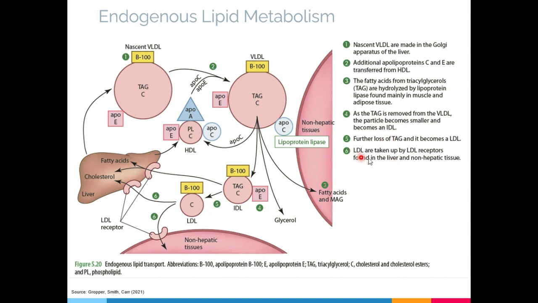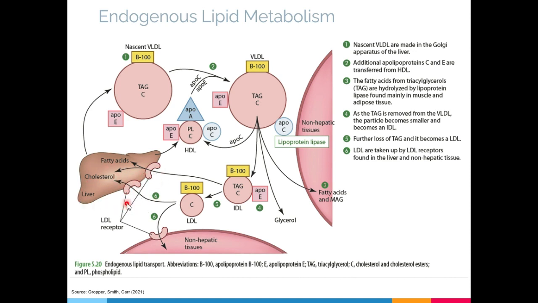So, in step 6, LDL are taken up by the LDL receptors found in the liver and non-hepatic tissues. The chylomicron remnant is taken up by the liver through the interaction of the chylomicron receptor and ApoE. But in this case, ApoE no longer participates. Instead, ApoB100 participates, which is now the ligand for this very famous receptor called LDL receptors.